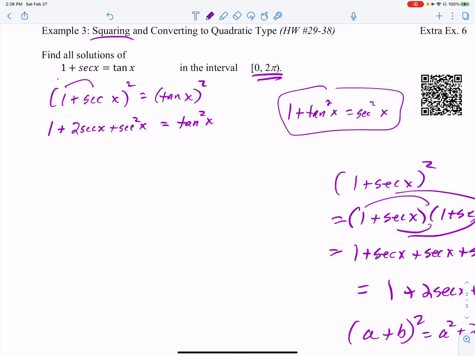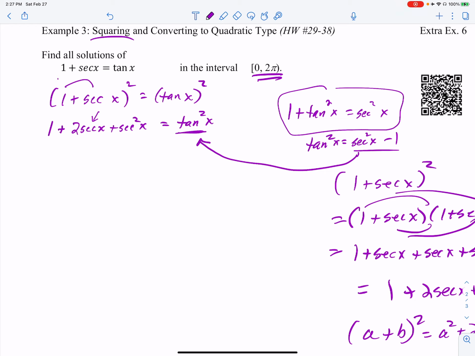in some way. The problem is I want to get it into one trig function. And so I'm going to replace tangent squared, if I rearrange this, with secant squared x minus 1. The reason why I'm going to go that route is because I don't have a way of replacing secant to the first in terms of tangent, and I want to get them all in the same function.